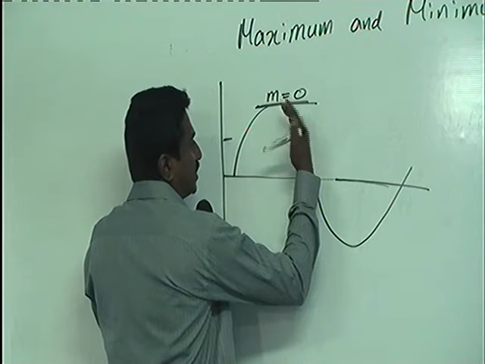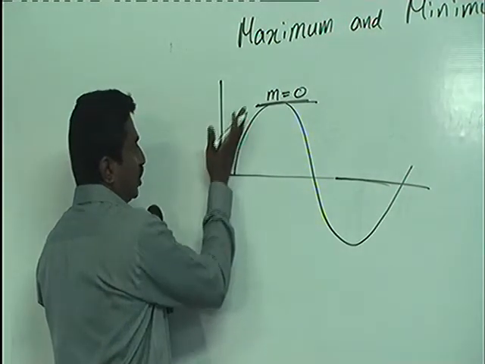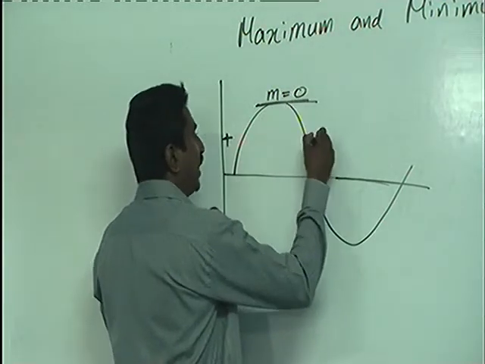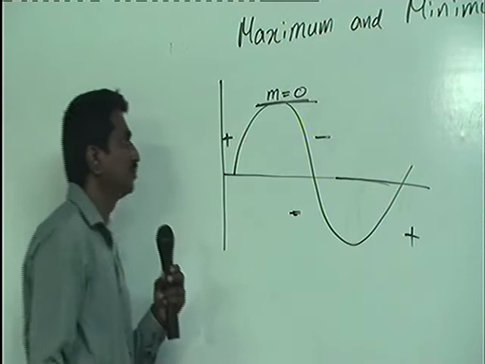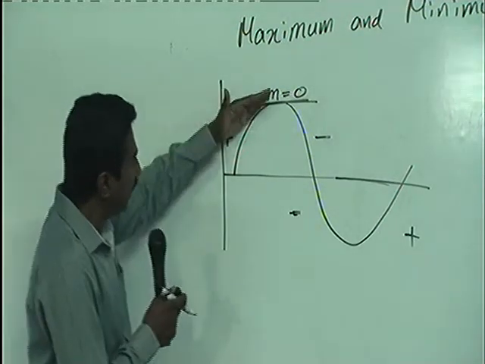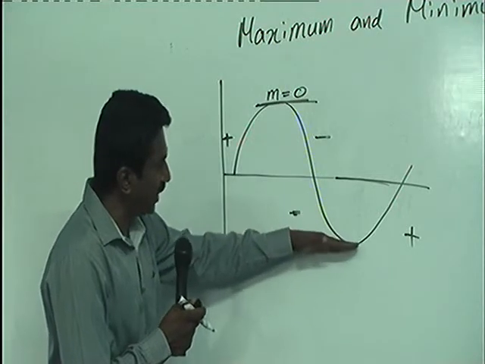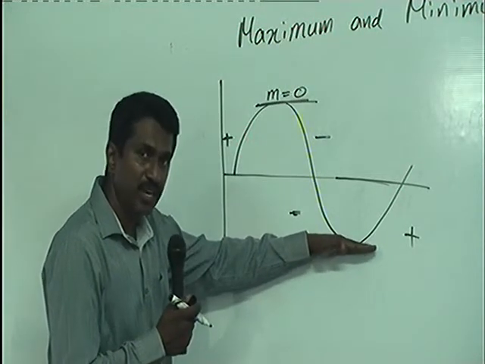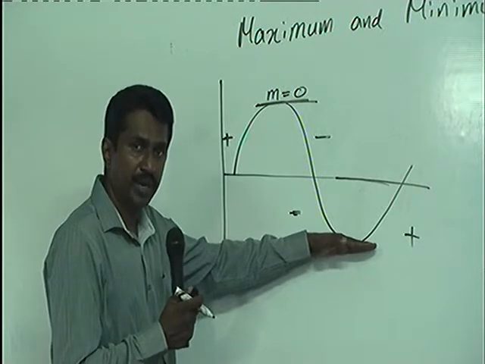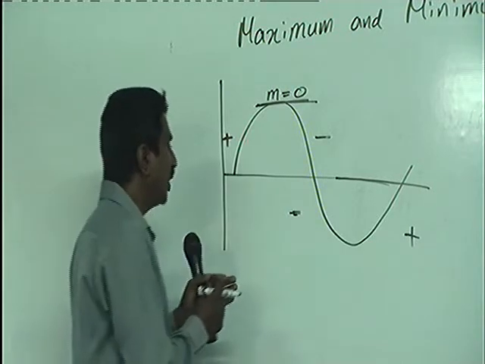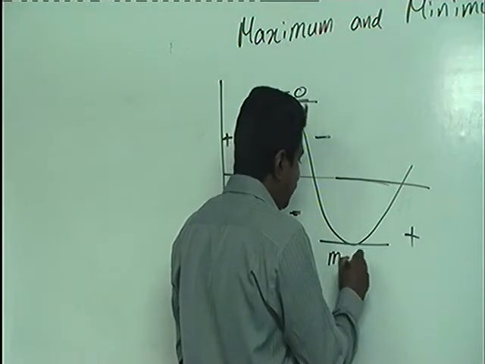This side is a positive gradient, then this side a negative gradient, and this side again a positive gradient. Now look, again the curve comes like this, and at this point the gradient is parallel to the x-axis. That means the gradient is 0. So at the minimum point, the gradient m is equal to 0.